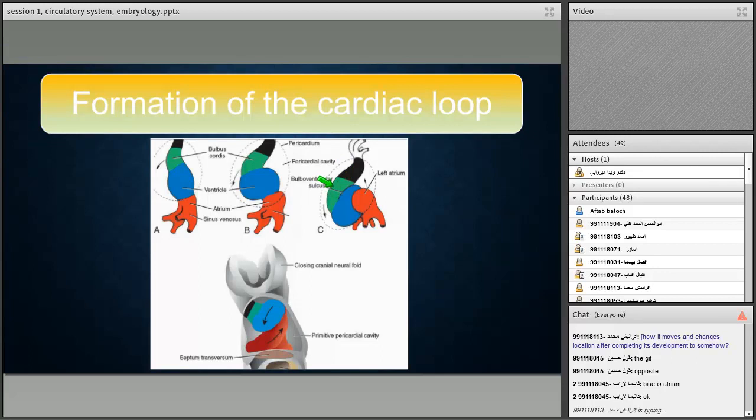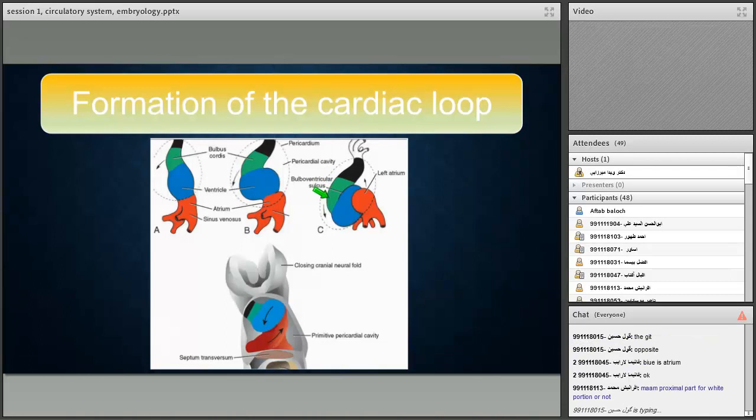The green portion, the proximal third of the bulbus cordis, will form the trabeculated part of the right ventricle. Let me explain to you.